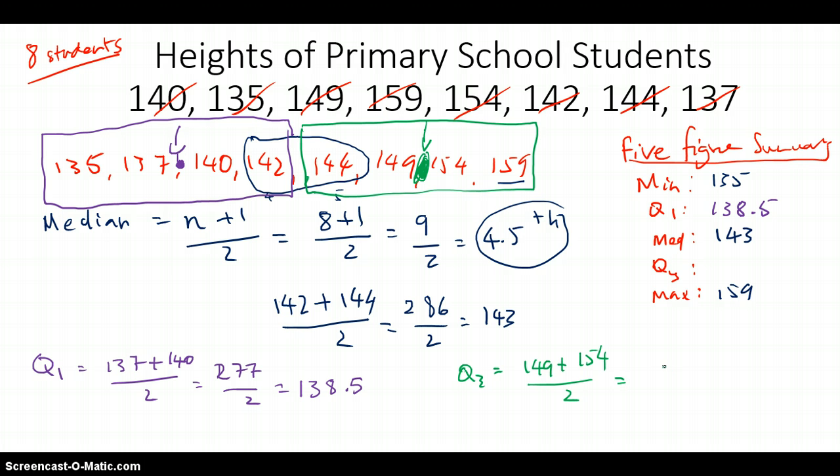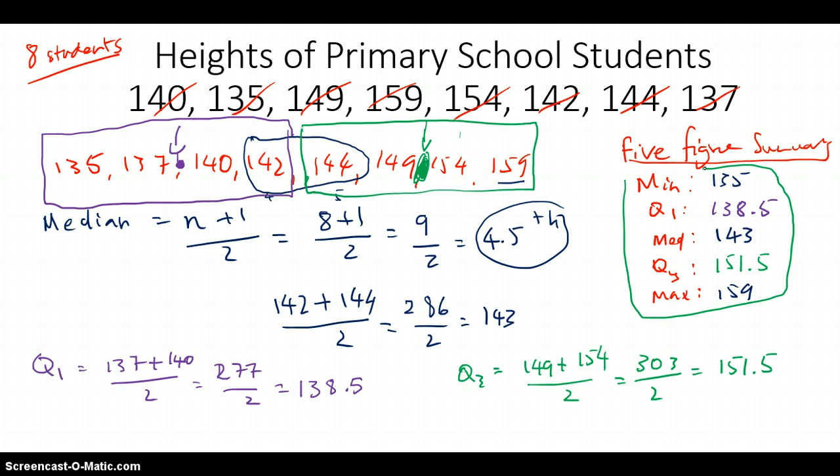And so 149 plus 154, that's 194, 200, no, sorry, that's 303. So 303, divide that by 2. Then 303 divided by 2 is 151.5. So Q3 in this case will be 151.5. So now we've got our 5-number summary.